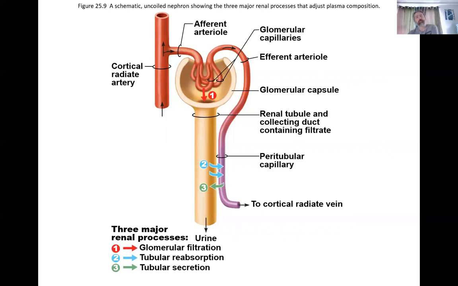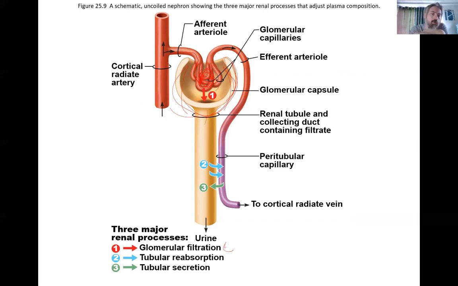Okay, so again here, basically a relatively simple cartoon. We're not going to see the whole thing here. We're really just seeing the first part of this. We've got blood flowing through here into our little glomerular capillaries, our little tuft, and that tuft is surrounded by Bowman's capsule. And this is where that filtration process begins.